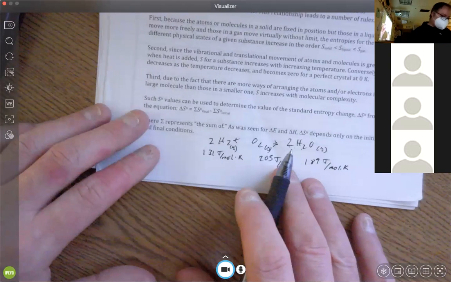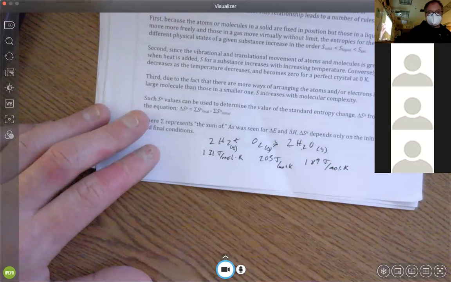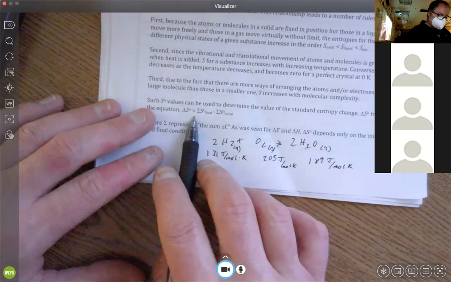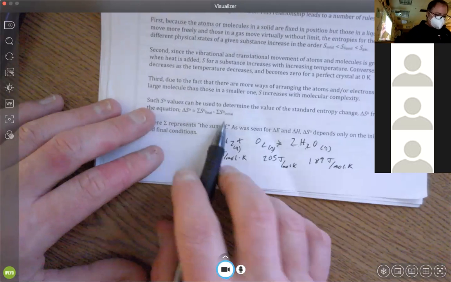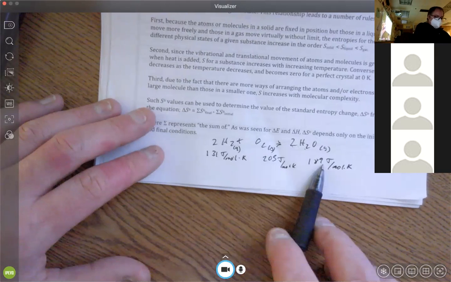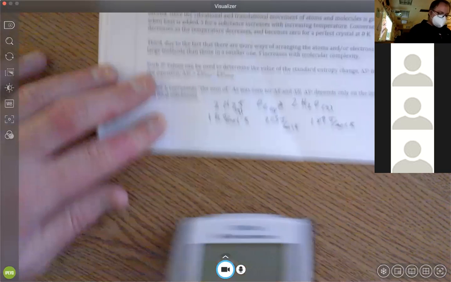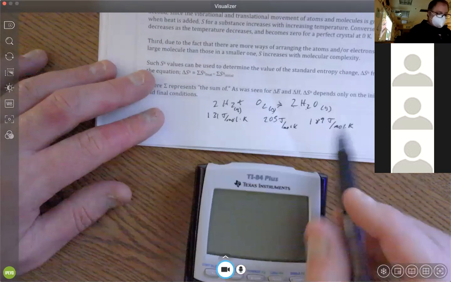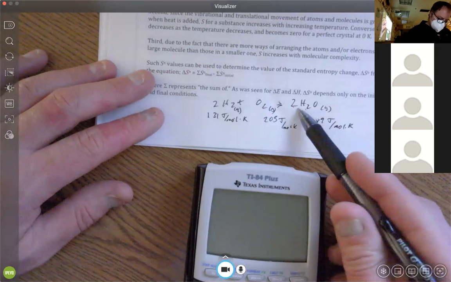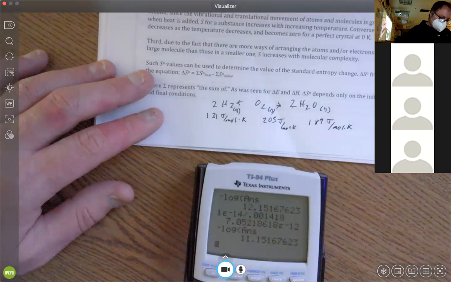So if we take a look here, we know that the entropy change is equal to the summation of the final minus the summation of the initial. So here is our final. How many moles of that do we have? So this is 189 joules per mole Kelvin. We have how many moles of it? 2. So we want to take 2 times 189. It gives us 378.